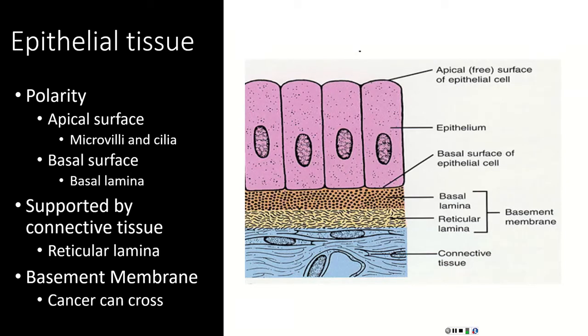And sometimes epithelial tissues will develop a metastatic cancer that can cross the basement membrane and then migrate to other places in the body. So one example of this is a skin cancer called melanoma. Melanoma is highly metastatic. It is really good at crossing the basement membrane, getting into our lymph flow, and moving elsewhere in the body.